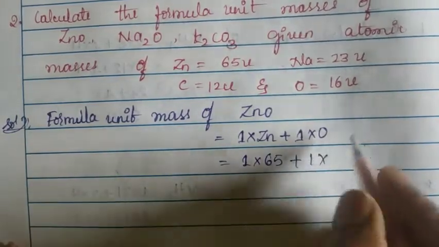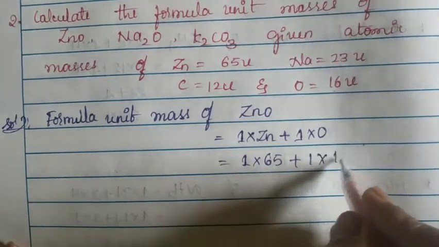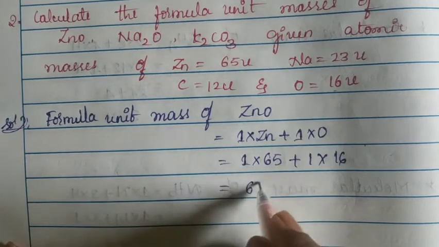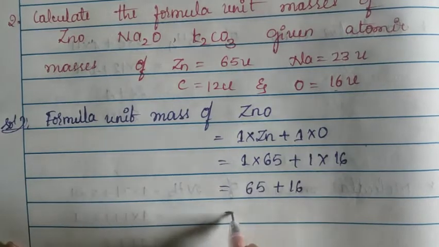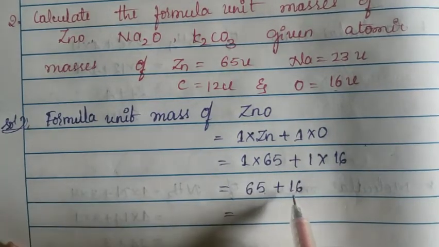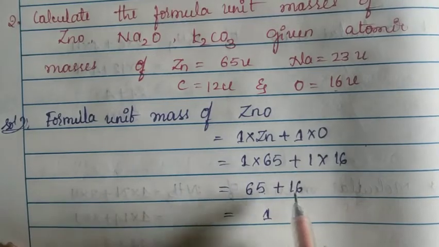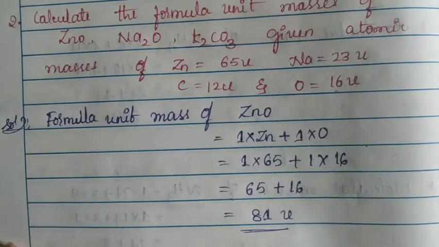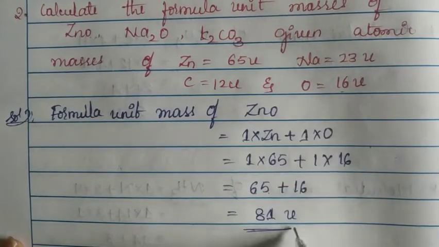Plus 1 into oxygen is having how much atomic mass? 16 U. Now let us multiply. 65 into 1, 65. Plus 16 into 1, 16. Add these two now. 5 plus 6 becomes 11. 1 carry. 1 plus 6, 7. 7 plus 1, 8. 81 U. This is the formula unit mass of zinc oxide.